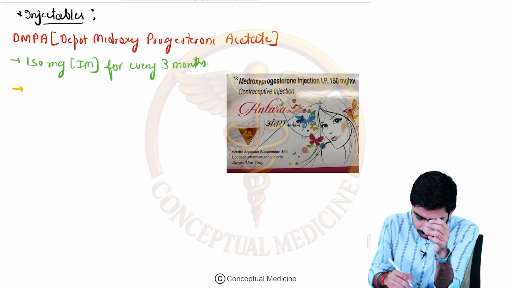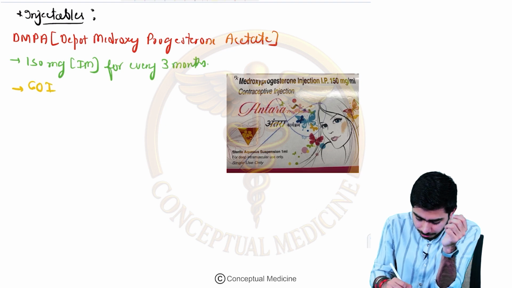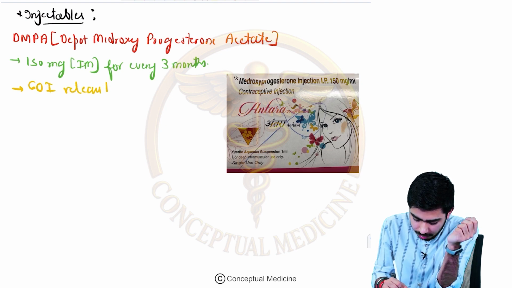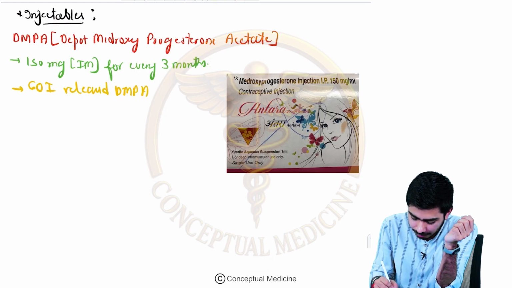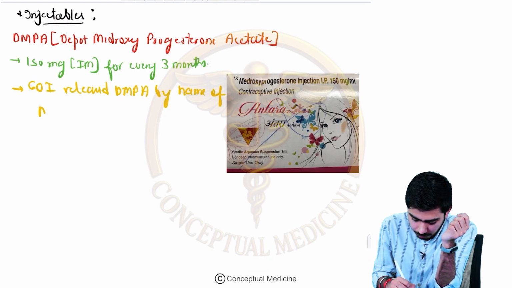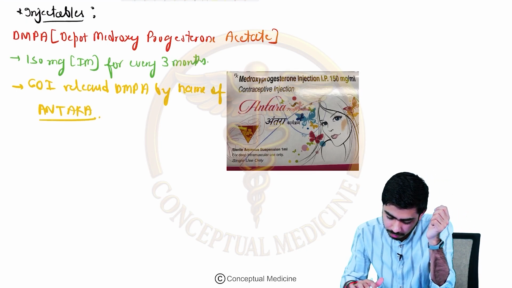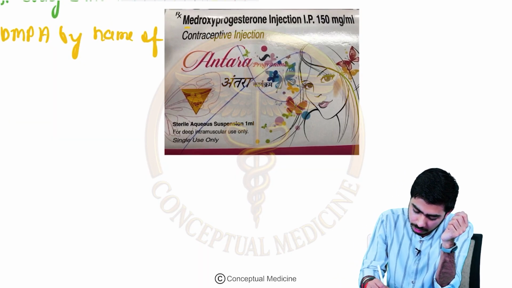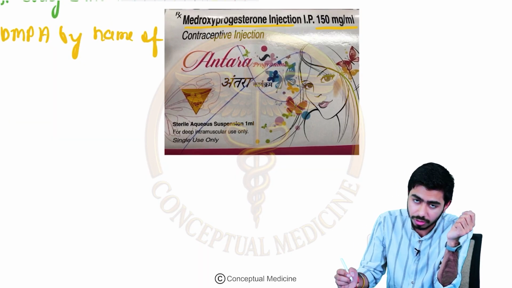So very important: Government of India released these DMPA injections by the very popular name Antra. As you can see in the image, this is the medroxyprogesterone injection, 150 mg per ml.